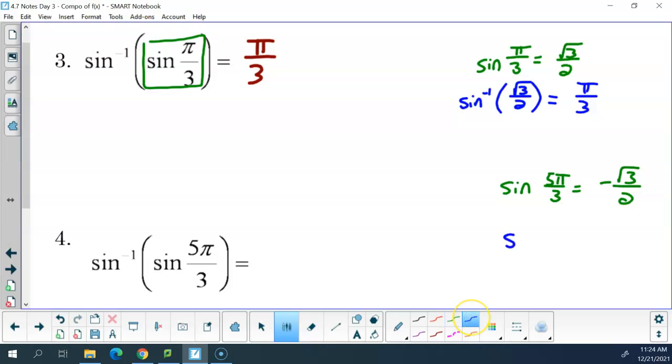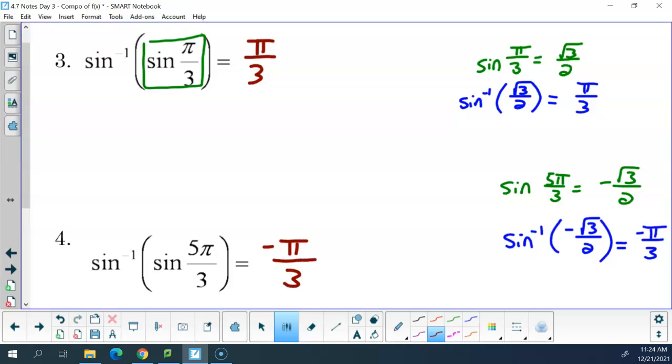However, the inverse sine of negative square root 3 over 2 is not 5 pi over 3, it's negative pi over 3. So we have to be careful when we're taking the function and its inverse inside of one of them.